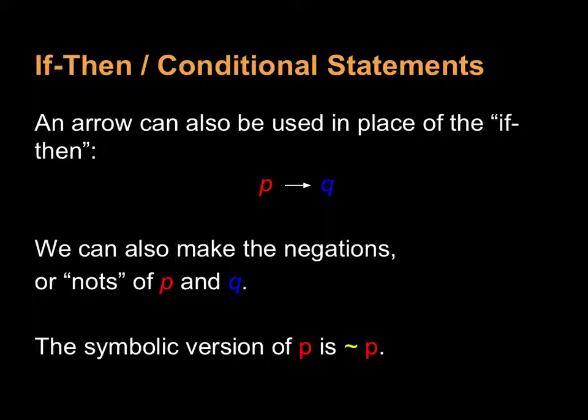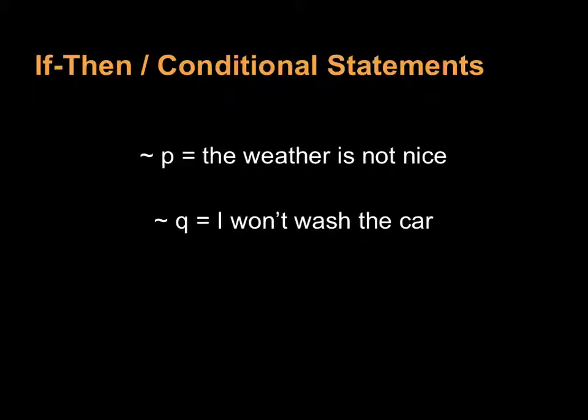So this here reads, if P, then Q. We can also make negations, or nots, of P and Q. The symbolic version of not P uses this little tilde here, which I've colored yellow, and it makes P actually say not P. So this would read, the weather is not nice, or I won't wash the car.